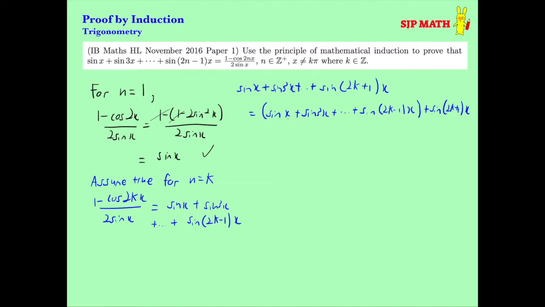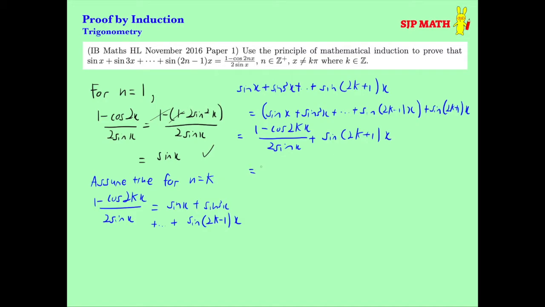So we can directly substitute this in, to get (1 minus cosine 2kx) over 2 sine x plus sine (2k plus 1)x.